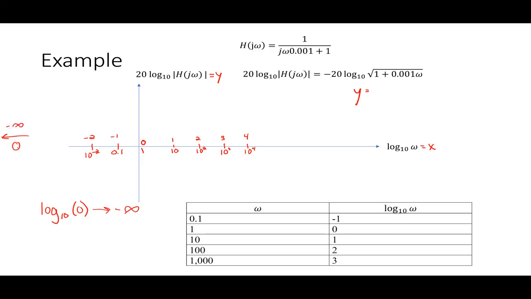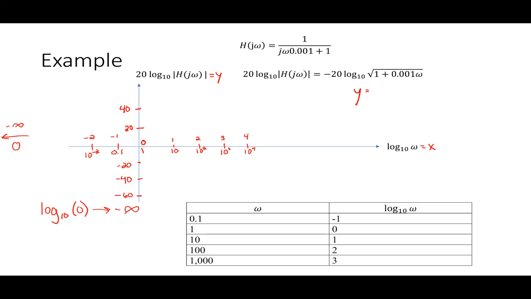So the number 0 is all the way back at negative infinity on this scale, so it's really hard to see. Now, on my y-axis, I'm going to mark off 20, 40, and down here -20, -40, and maybe -60.